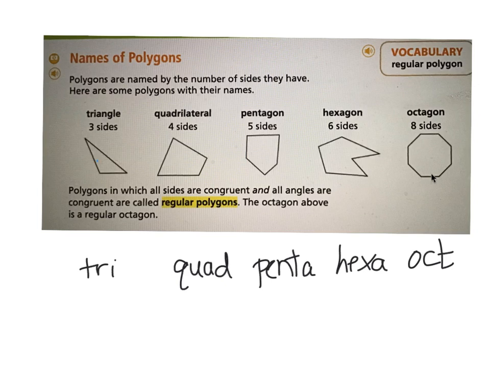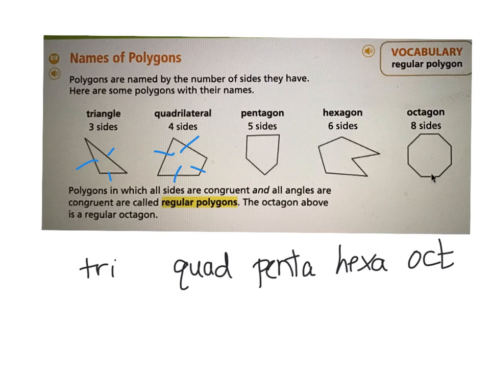So 3 sides is a triangle. What about a quadrilateral? Quadrilateral has 4 sides. Quad means 4, like a quartet, that's 4 people playing an instrument. So a quadrilateral has 4 sides, and they don't have to be equal. They just have 4 sides.